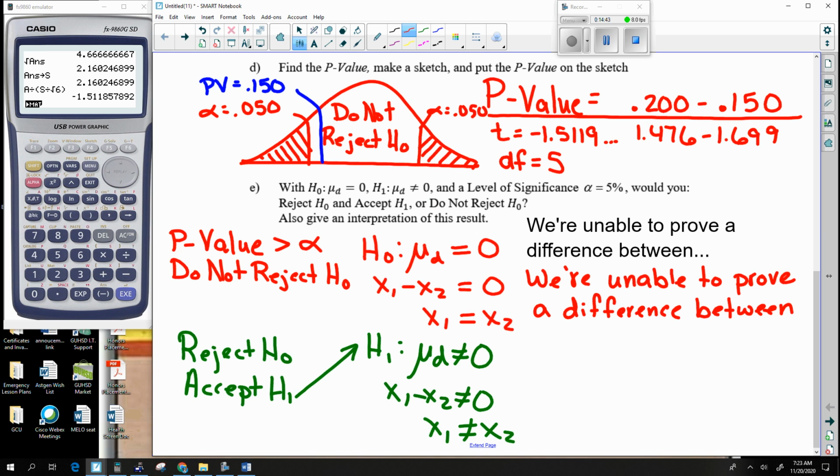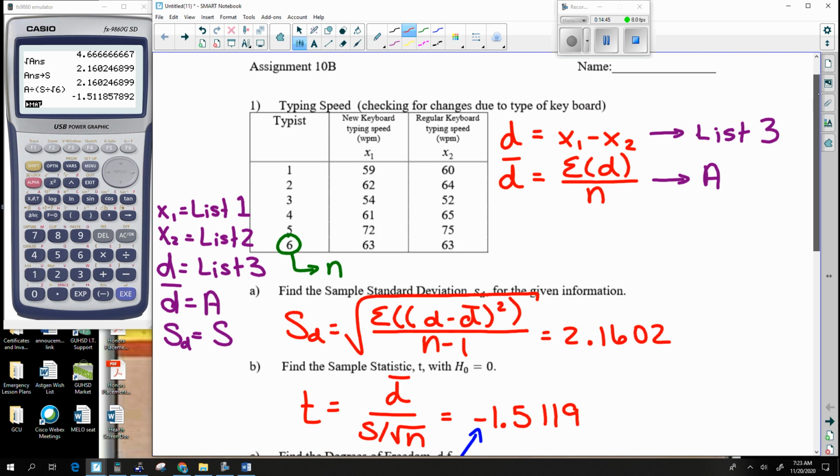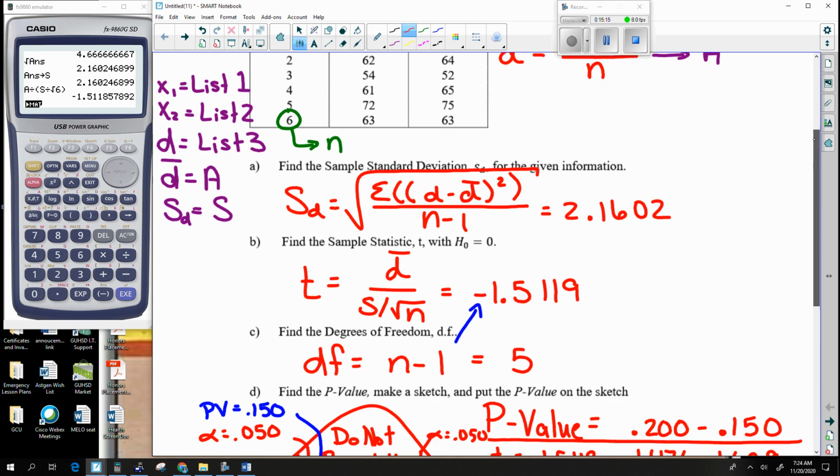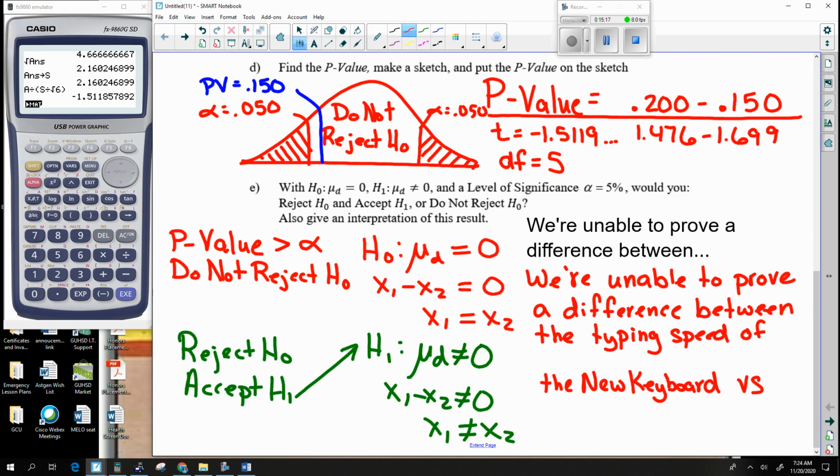X1 and X2. X1 was the typing speed of the new keyboard. I usually use the word versus, so the new versus the regular keyboard.